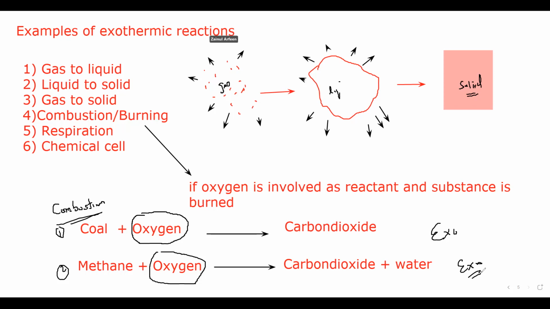Respiration, when we use glucose and oxygen to produce carbon dioxide and water, the opposite of photosynthesis, will be exothermic. So now I want everyone to participate and identify whether these reactions are endothermic or exothermic.